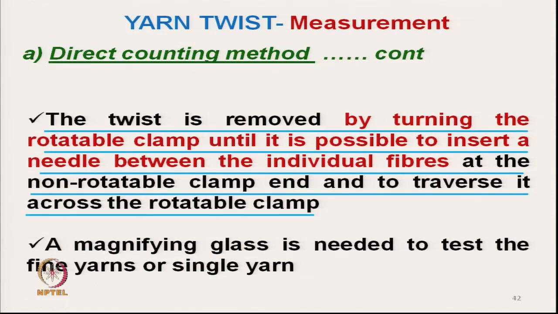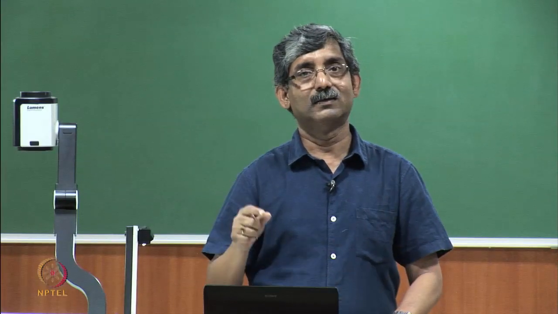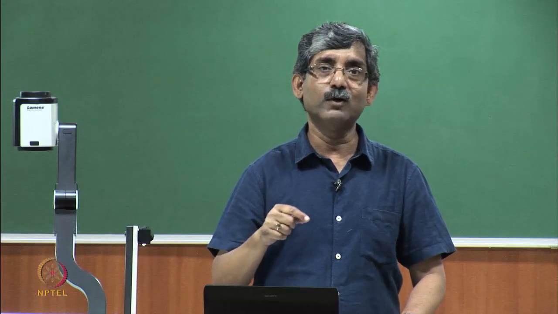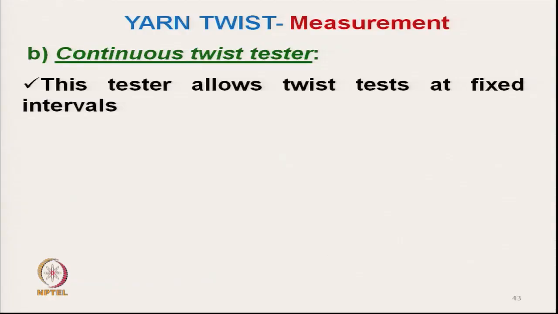For single yarn we need the magnifying glass just to see the fiber, but for double yarn we do not need it, because we can simply pass the needle. Okay. Next is the continuous twist tester.